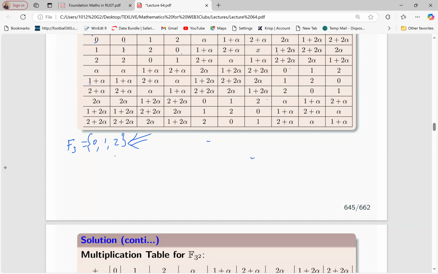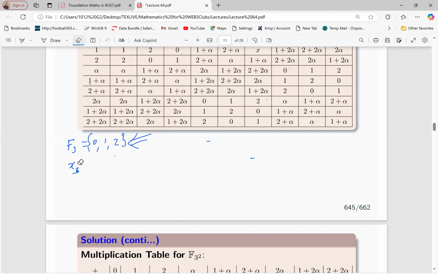So let's choose, we can begin with x cubed. No, not x cubed. Now, we had been given this, so the degree of the polynomial should be 2.